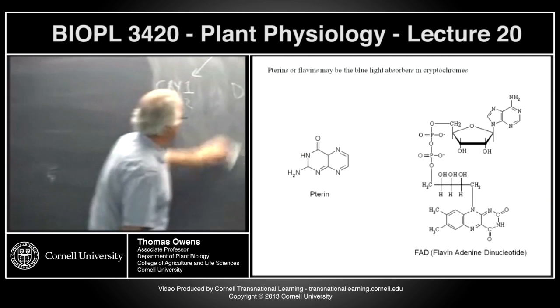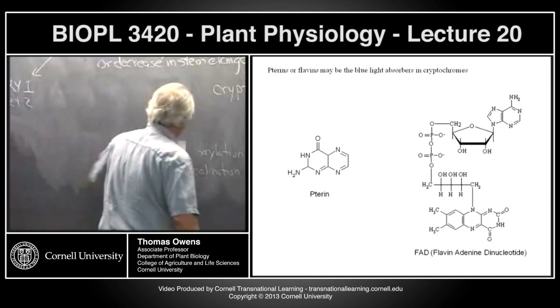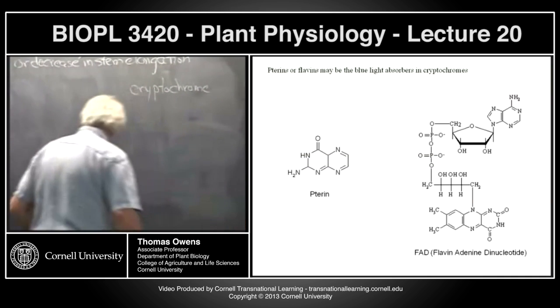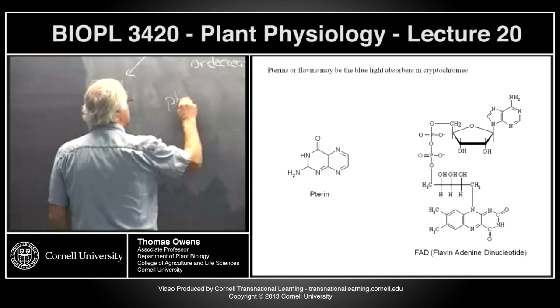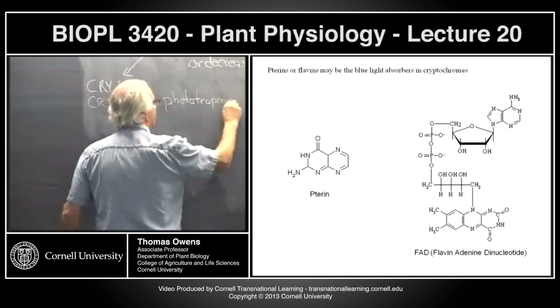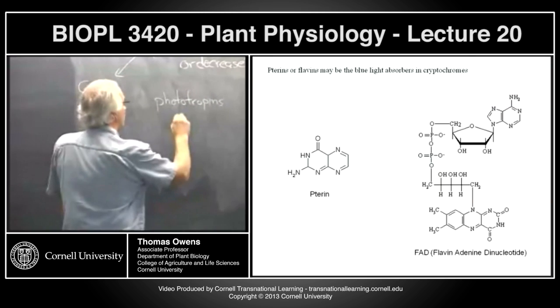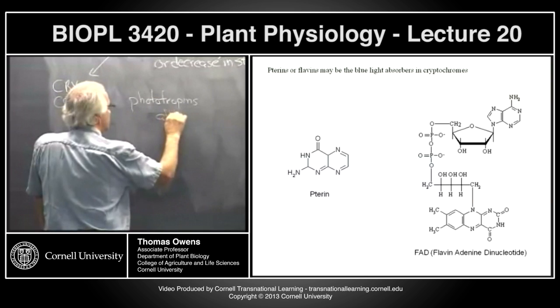And let's erase this down here. The other mutations that have been discovered are the Phototropin mutations. The phototropins have no chloroplast movement, or let's say altered chloroplast movement.